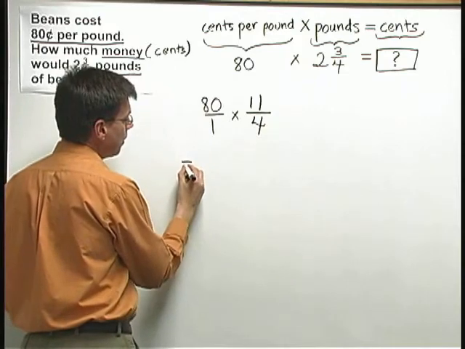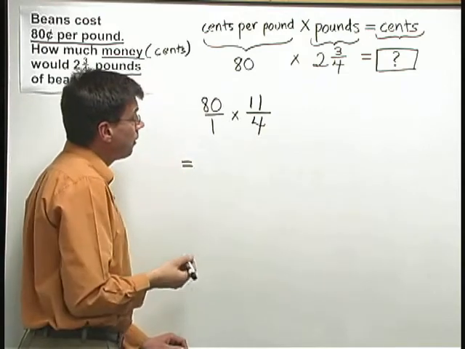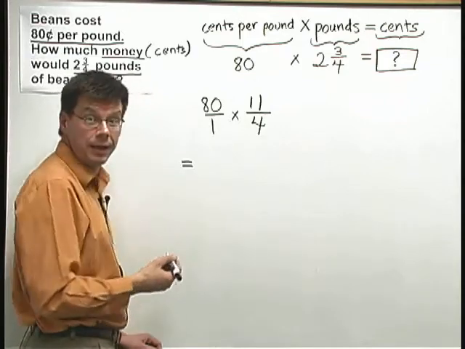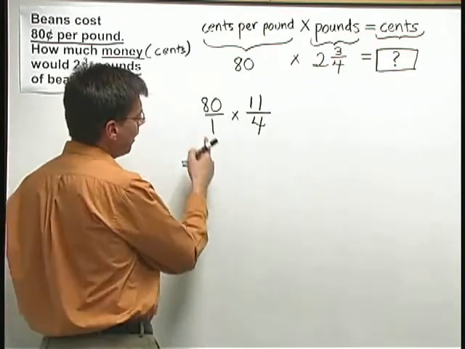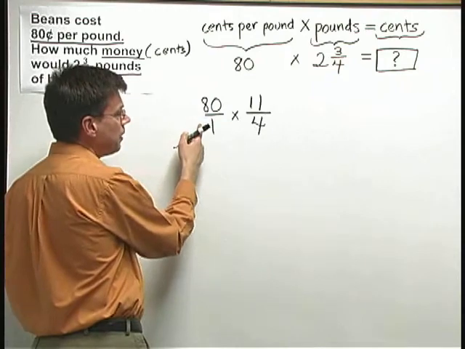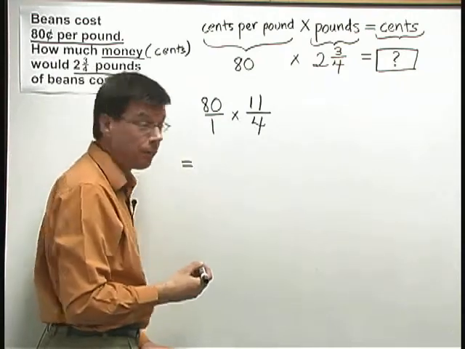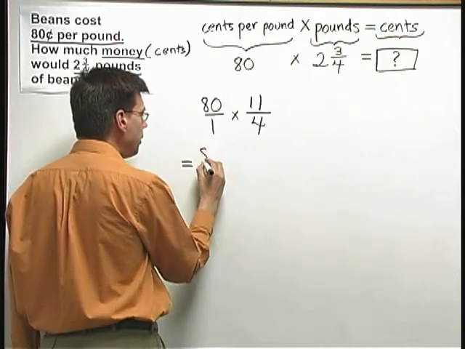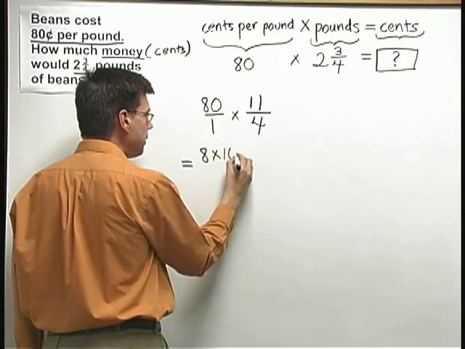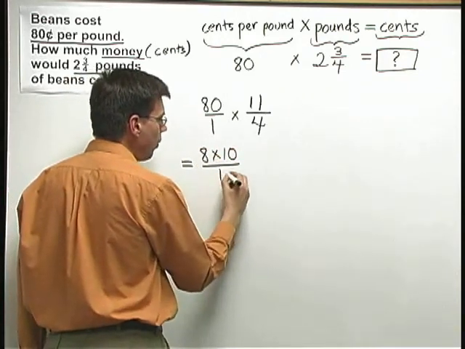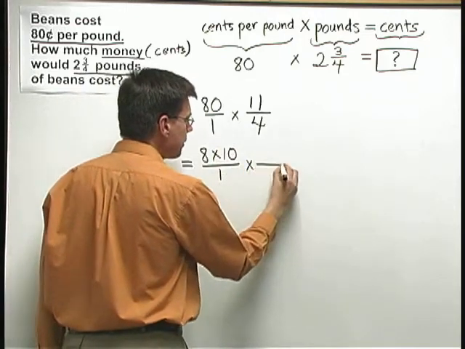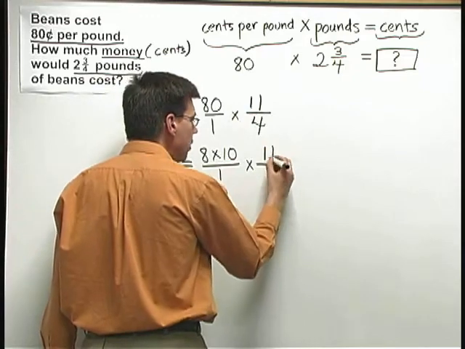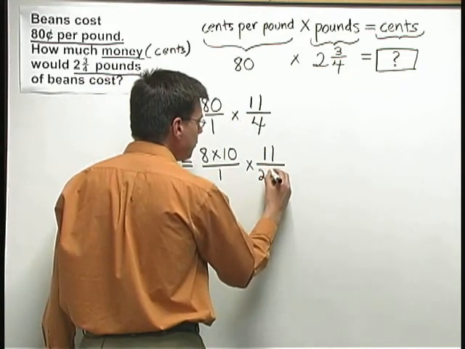Now, because I'm multiplying fractions, I want to see if I can do any canceling here. I'll start breaking down my numerators and denominators when possible. 80 I can break down into 8 times 10 over 1 times 11 is prime, so I'll just recopy 11 over 4 is 2 times 2.